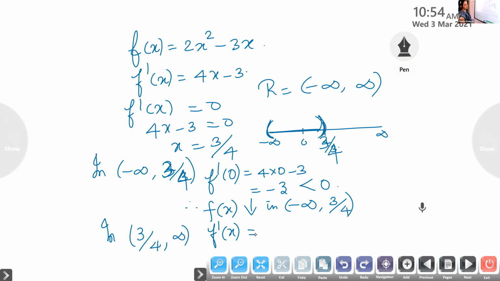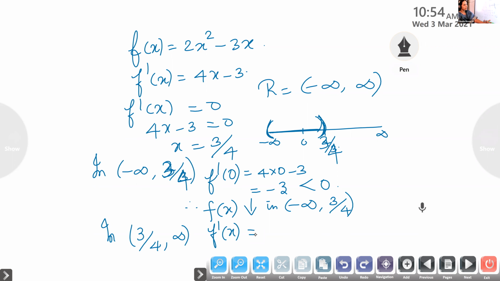So many numbers are there. You give me 1. Okay, you can take 1. So what is 4 into 1 minus 3? It is 4 minus 3, which is 1, which is greater than 0. It is positive, isn't it?